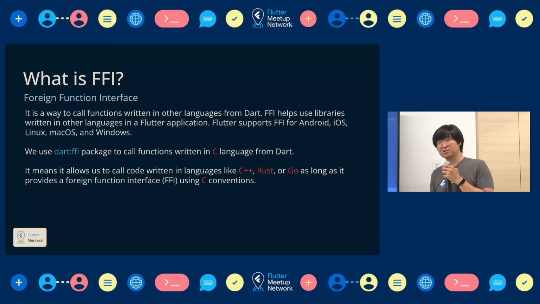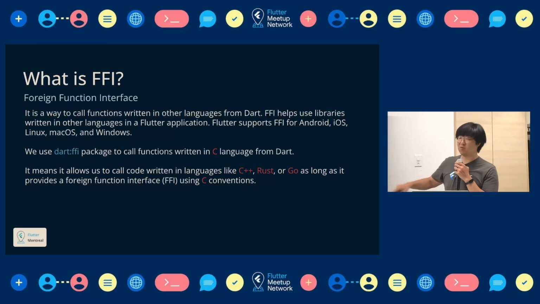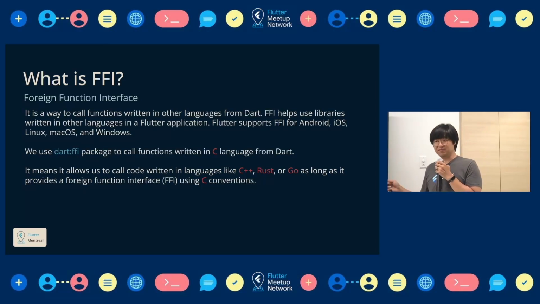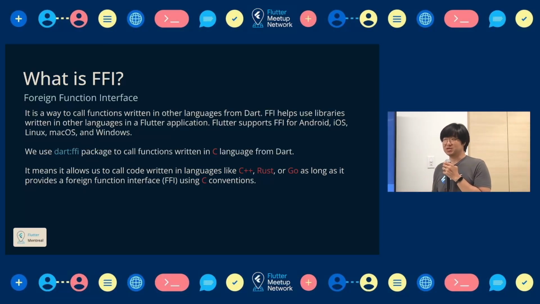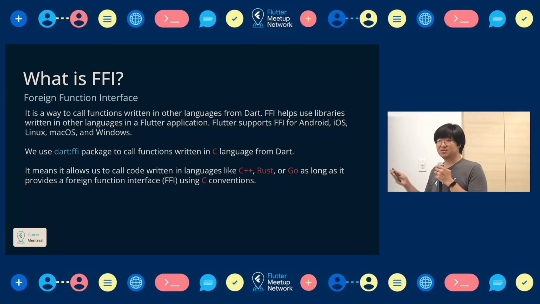So when I compile it, it's compatible with C applications. That's how I did it. So C++, Rust, Go, or any other language that has a C interface, you can load in a Flutter application. I said Go, but this talk is not only about Go. Whatever native library, you can load it in Flutter.